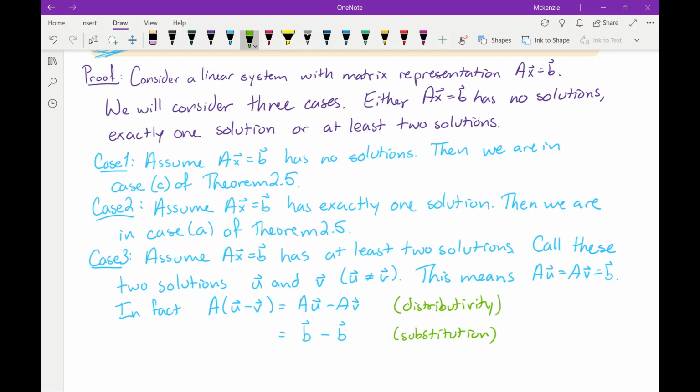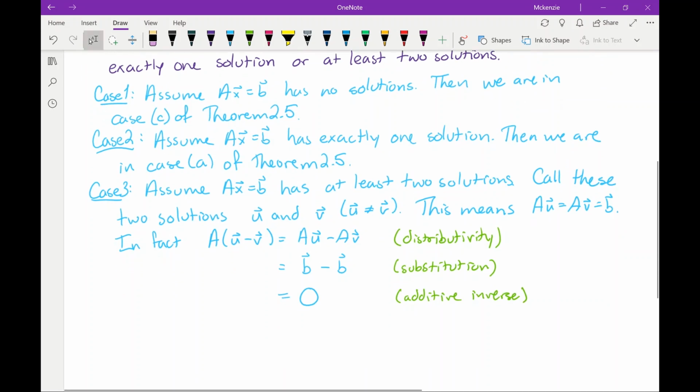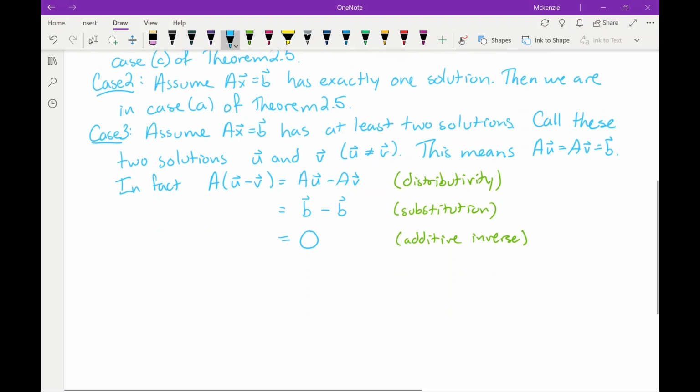And then b minus b is equal to the 0 matrix, because we have an additive inverse. All right, so what can we do with this fact? Moreover, u minus v is not equal to the 0 vector.